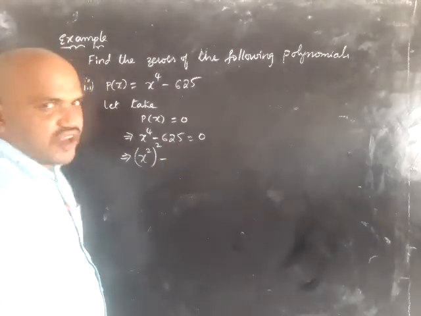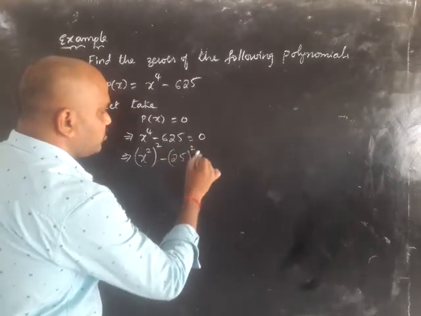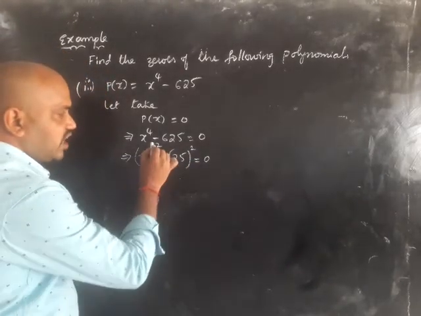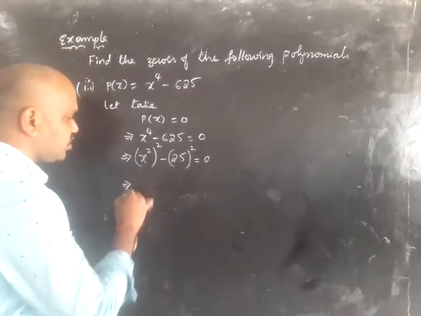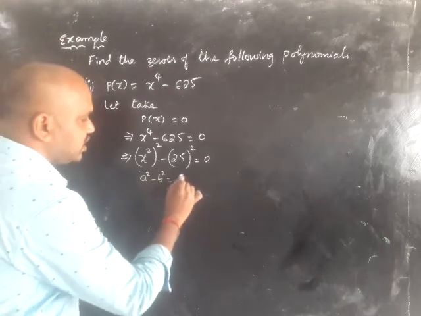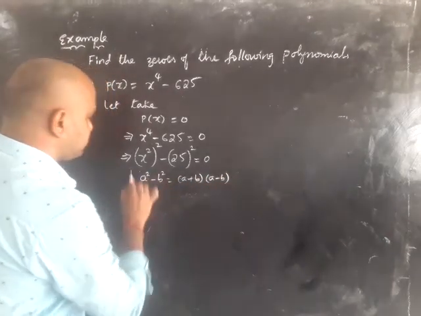And 625 is also a perfect square, that is 25 whole square. So now which formula is it? The a square minus b square formula. What is the a square minus b square formula? It is a plus b into a minus b.